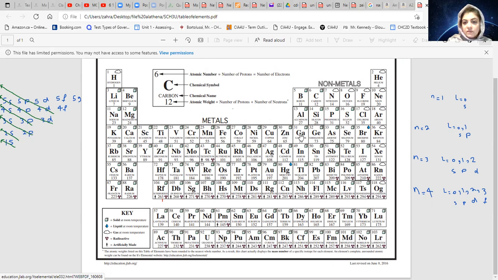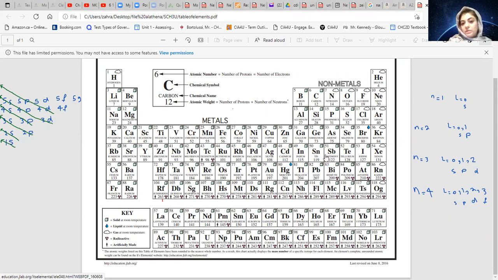Now this will be filled as well, 4p6 filled. And here is 5s2, and this is your d orbital, right? It's gonna be 4d10 filled. And now here, this will be 5p2 because 1, 2, 2.